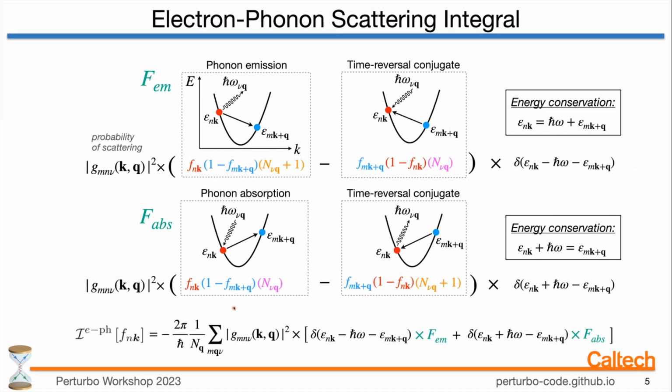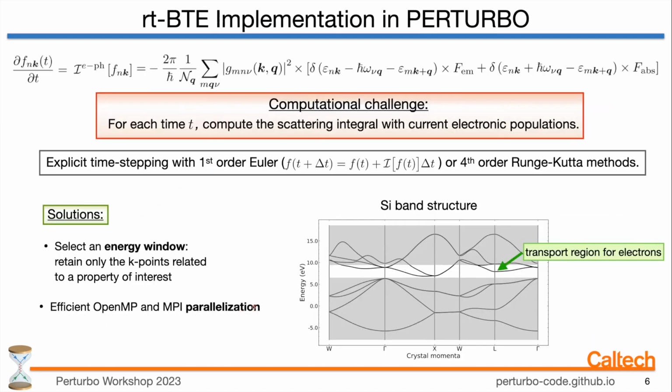So let me now consider this entire time-dependent equation. We have this time derivative of the occupation function, which is equal to this electron-phonon scattering integral. Since we want to time-step this equation, we have to evaluate this integral at each step.